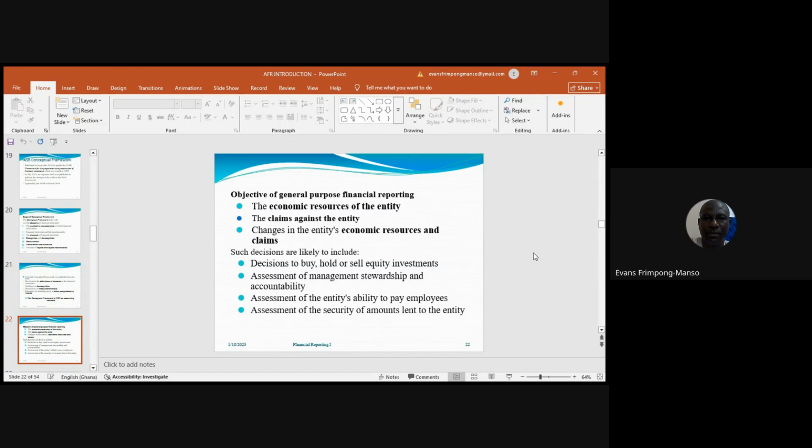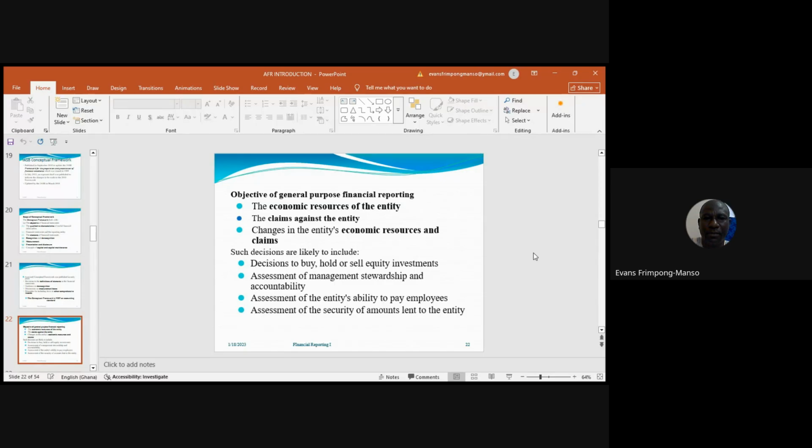So the objective of financial statements. Why do we prepare financial statements? The objective of general purpose financial reporting.